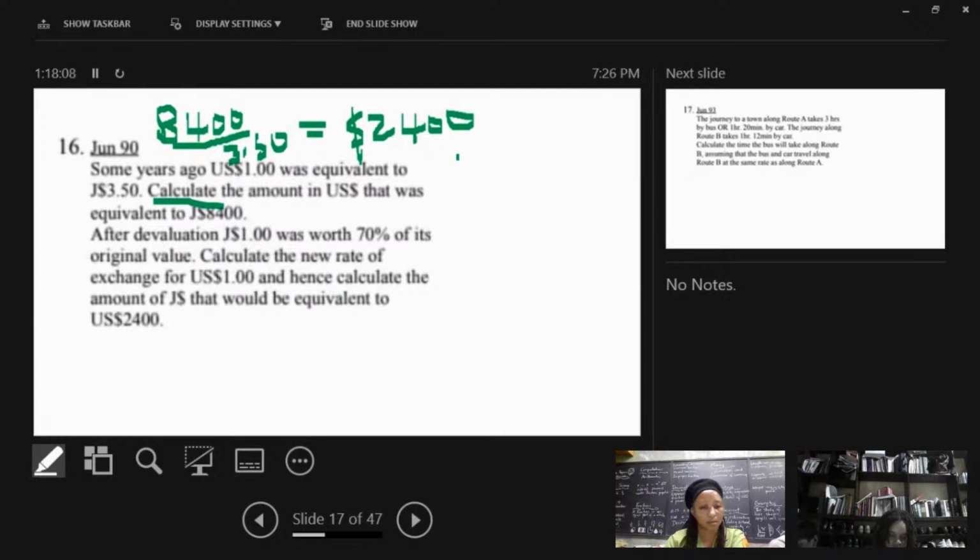So it should be 70 over 100 times 350. So that's 245 cents, so $2.45.